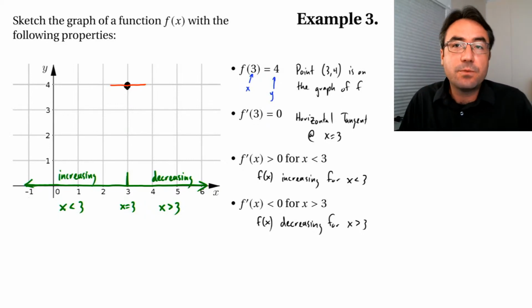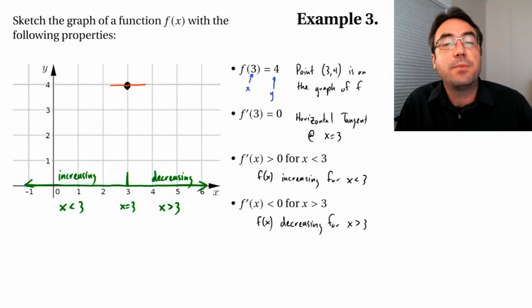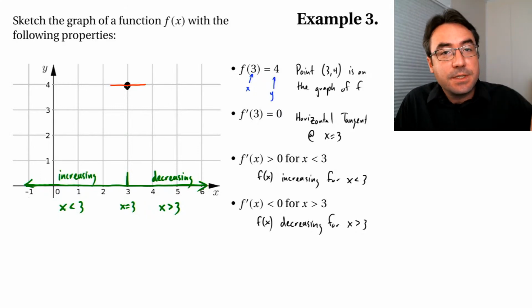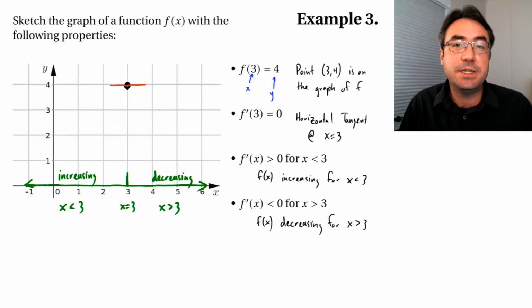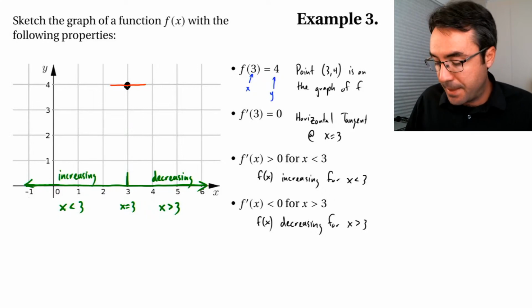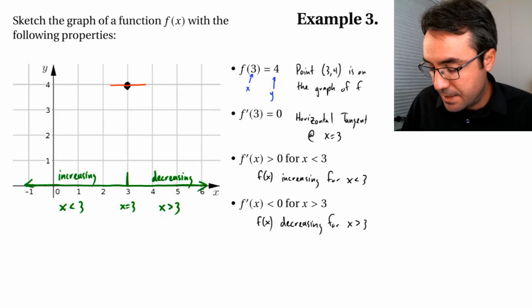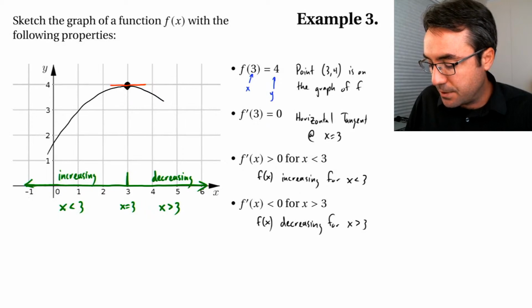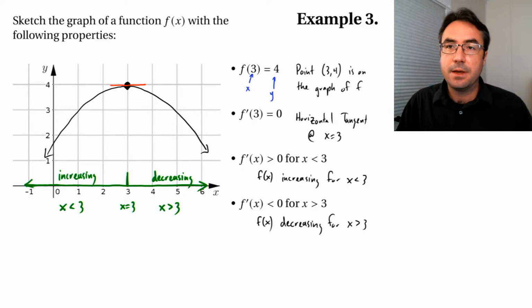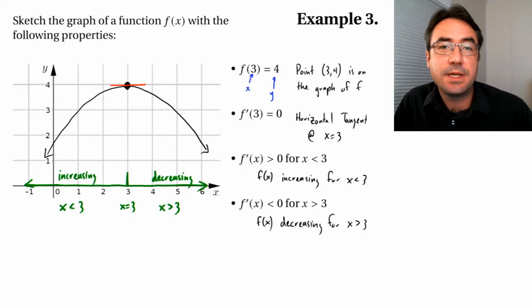So let's sketch in what a potential graph might look like that is increasing on the left side and then switches to decreasing on the right. And when we draw this in, it needs to flatten out right at x equals 3. And so that's just one potential example.